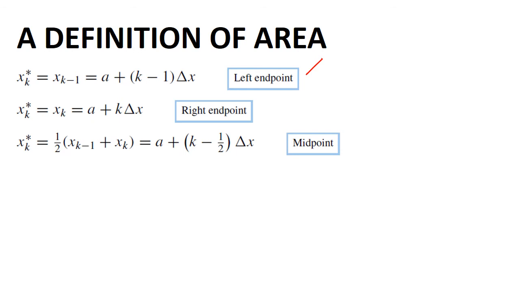Then kapag midpoint, a plus k minus 1/2 delta x. So, depende. Pero sabi ko nga, it doesn't matter kahit anong convention, left end point, right end point, midpoint, or kahit anong point within the subinterval, makukuha mo same lang na area.